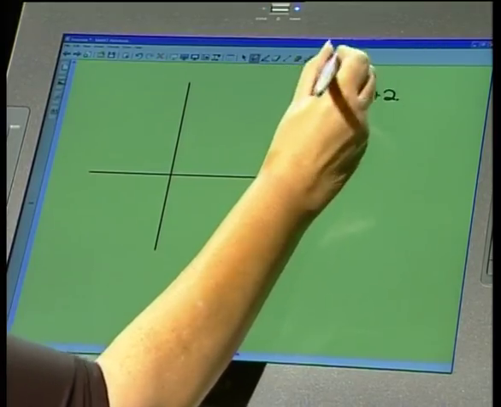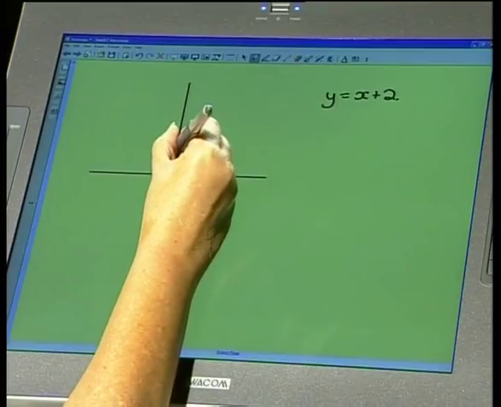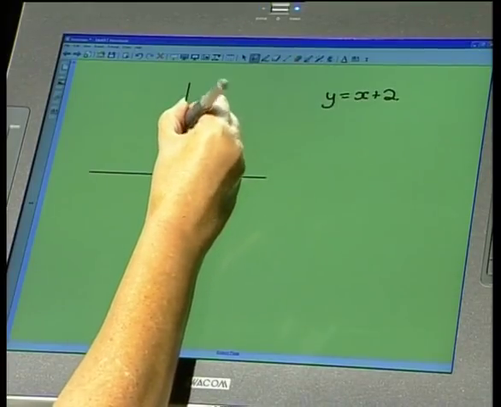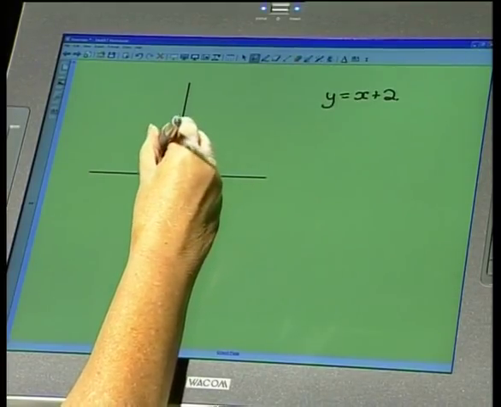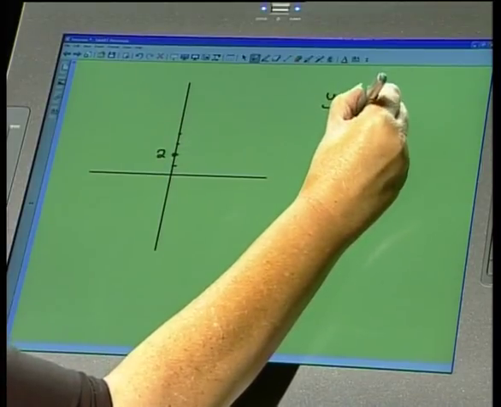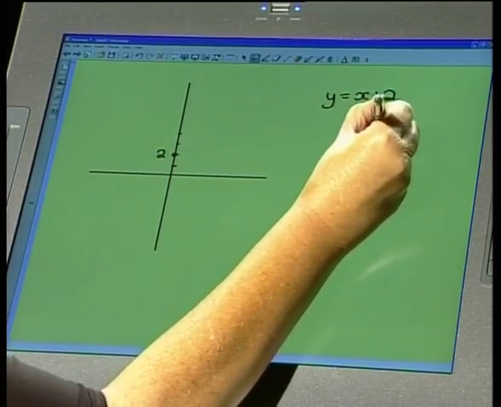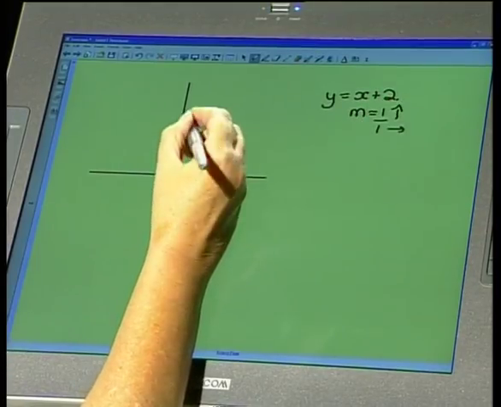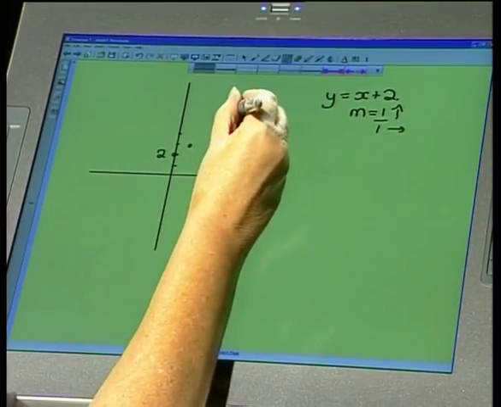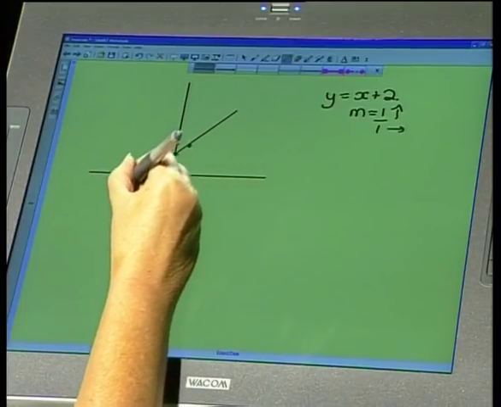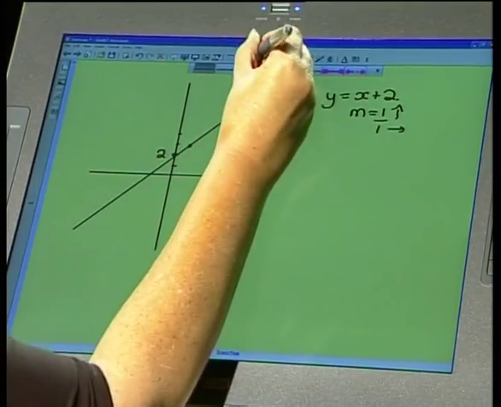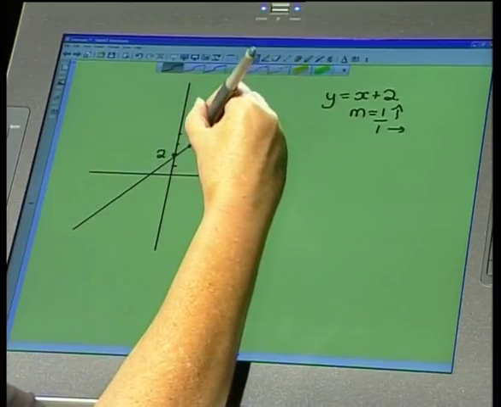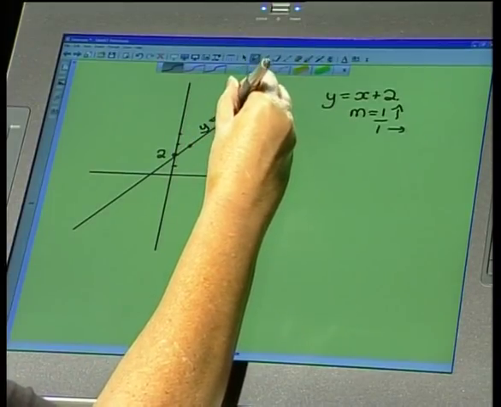Very simple graph to draw. If we're going to draw this graph, it's going to start by cutting the y-axis at 2, and the gradient is 1, so we make it 1 over 1, which is 1 up and 1 across. So 1 up, 1 across, there it is, and if we draw in our line along there, we can see our graph taking shape. So this is y equals x plus 2.